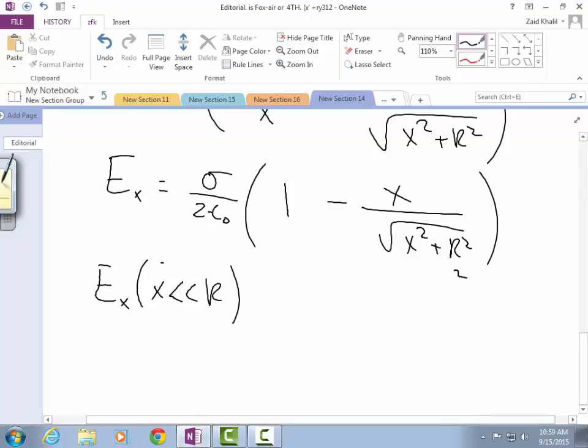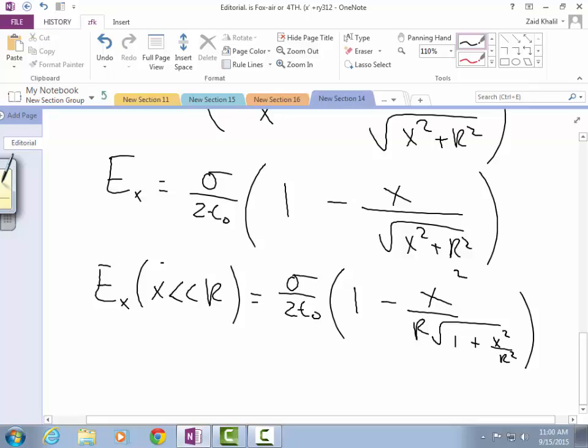What happens? You factor out that r, you get a 1 minus x over r square root. What's inside the square root? Notice, what does this thing approach? 0.